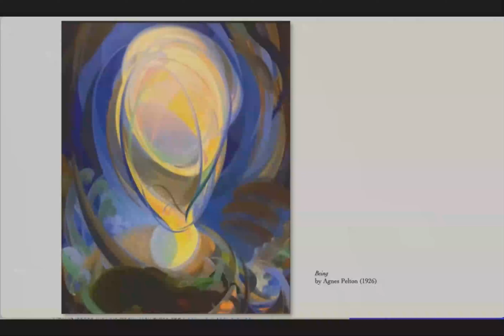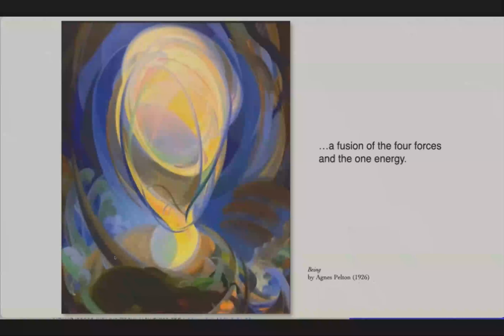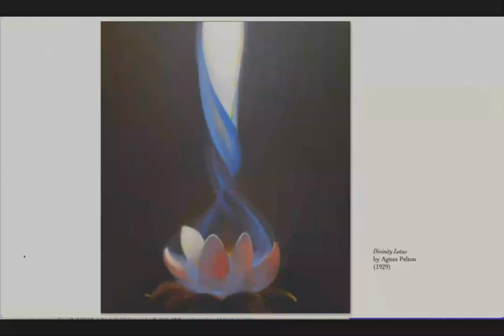DK gives us a clue to the nature of this fifth field when he describes the five together as, quote, "a fusion of the four forces and one energy," suggesting that it is this fifth field that bridges the soul and personality, increases their interplay, initiates a fusing potency, and when the four lesser vehicles are rightly related to each other, finally produces one unified active force field.